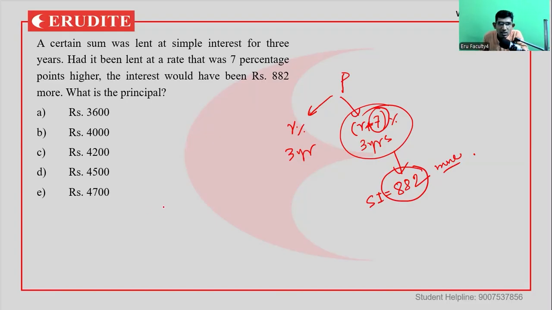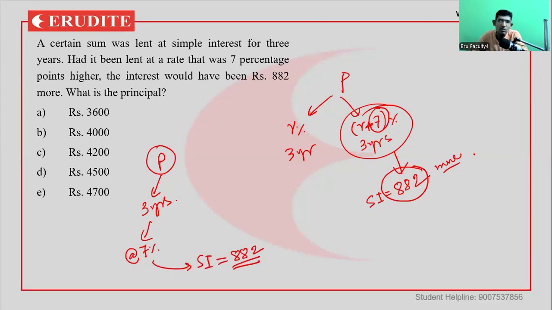On this principal P, if I keep it for 3 years at 7%, my interest would be 882 more. That's the meaning of this statement. Because the interest is increasing by 7% and your interest is increasing by 882 more, therefore I can equate this 7% interest for 3 years on the principal to rupees 882 itself.